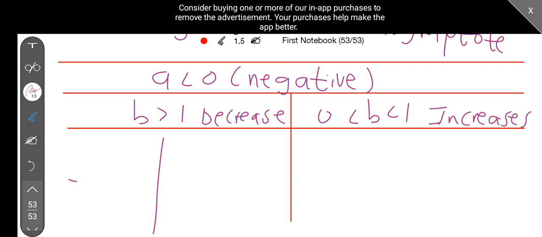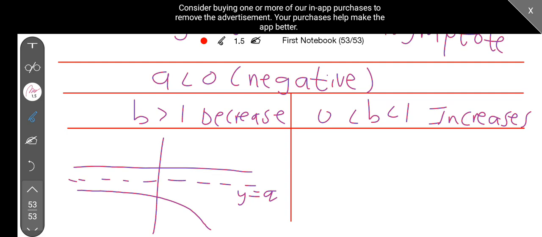This means that for this case, we're going to say that our graph is below the asymptote. Here's the asymptote. We show it by using dashed lines. The line of y is equal to q. It's decreasing, meaning from left to right, you are going down. This is how a decreasing function will be.